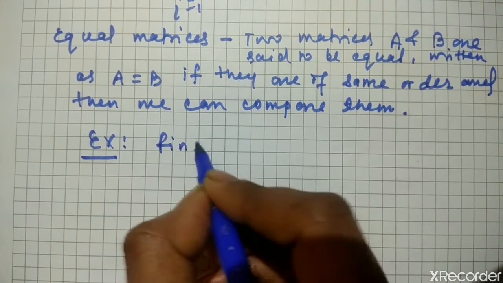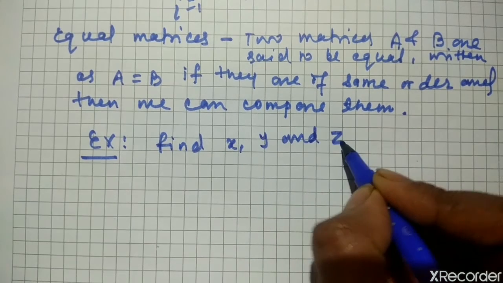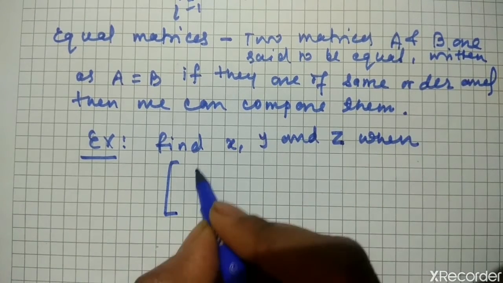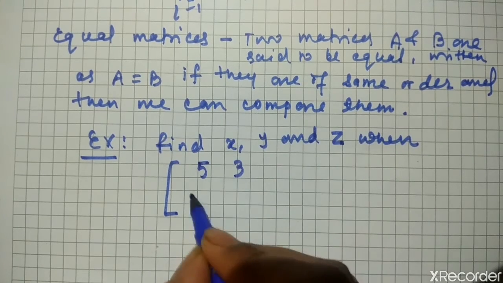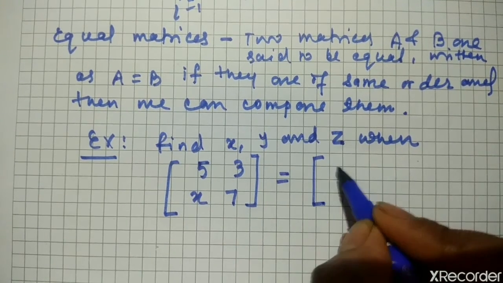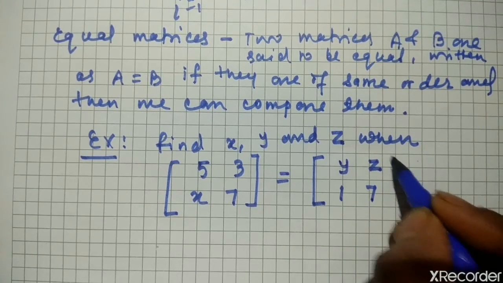So let us see an example. Find x, y and z, when 5, 3, x, 7 equals y, z, 1, 7.